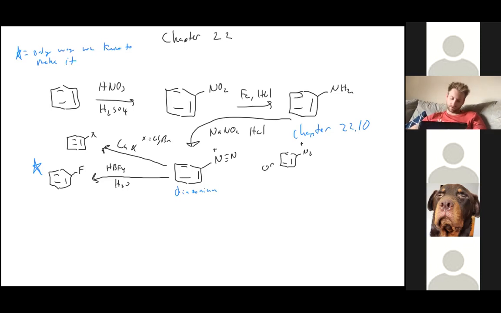We can make an alcohol or an OH. We can make phenol if we add in water and heat. Currently, this is the only way we know how to do it, but we will learn a new one in chapter 19, which we'll talk about tomorrow.